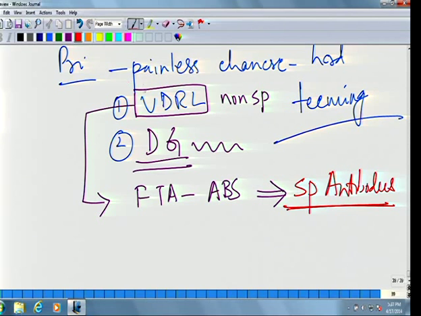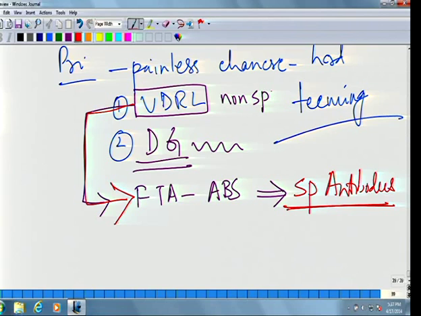Anybody who is positive by VDRL should be confirmed by the FTA-ABS. But you should never do the FTA-ABS first. Every person suspected of syphilis should first be screened by the VDRL test. Now you're treating a patient. Which titer is useful, VDRL or FTA-ABS?